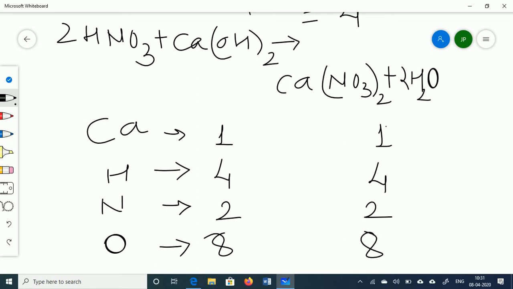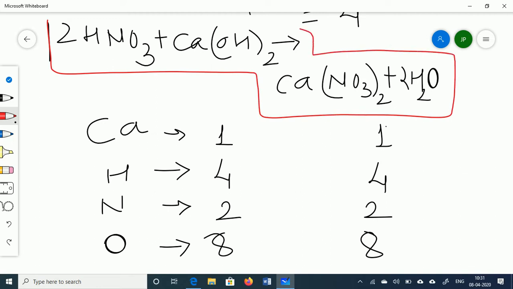Now see here, the number of atoms on both sides is the same. It means this equation is now a balanced equation. So in this way you can balance a chemical equation, right?